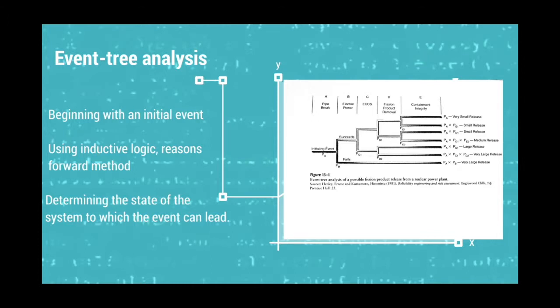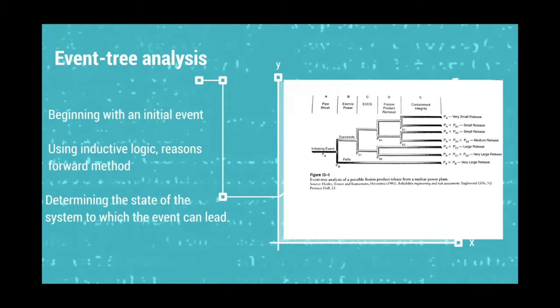The analysis therefore begins with the initiating event that a coolant pipe might break. If the pipe breaks without any other system failing at the same time, then the probability that there would be a radiation release is PA, a very small release, as shown in the figure.